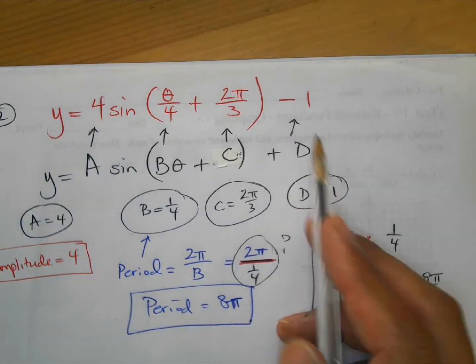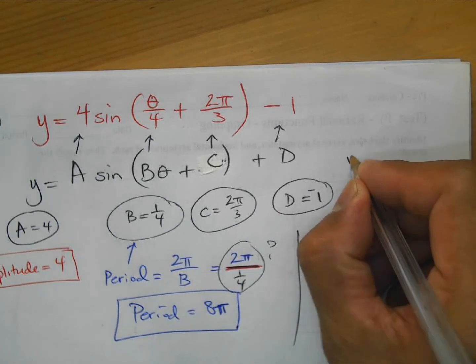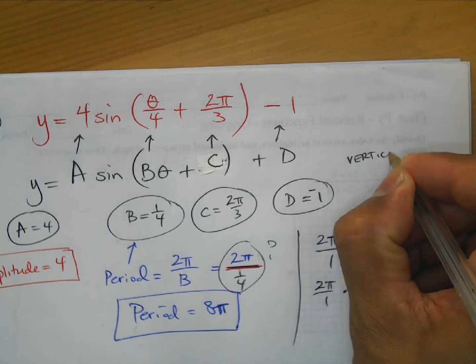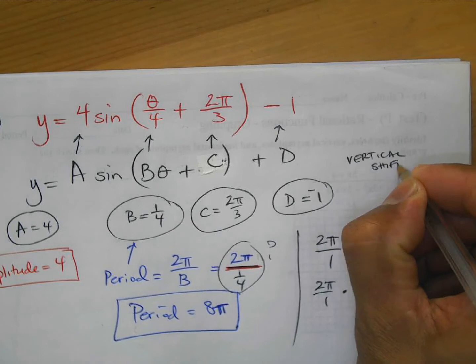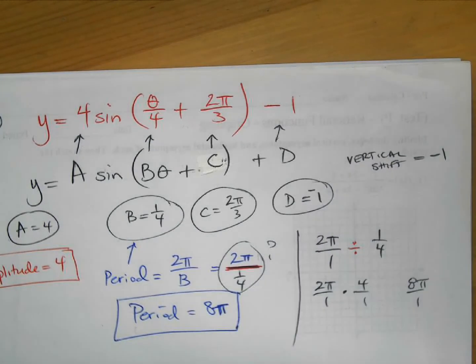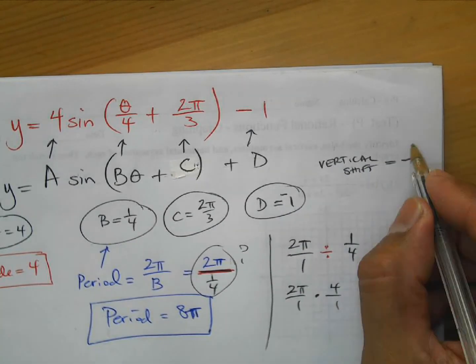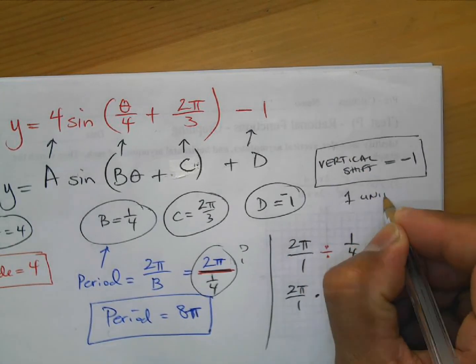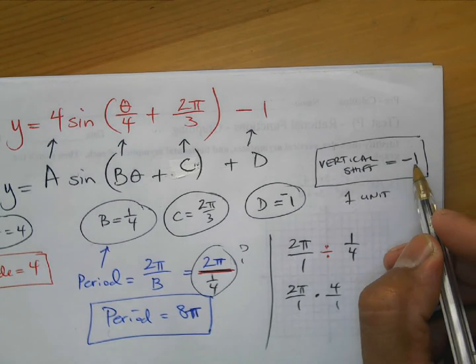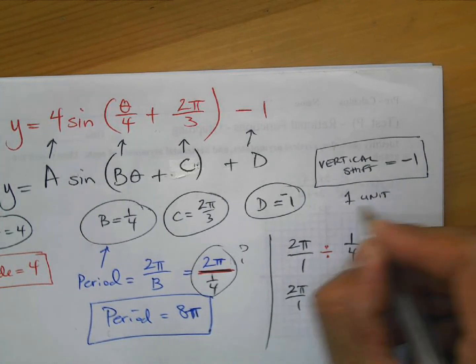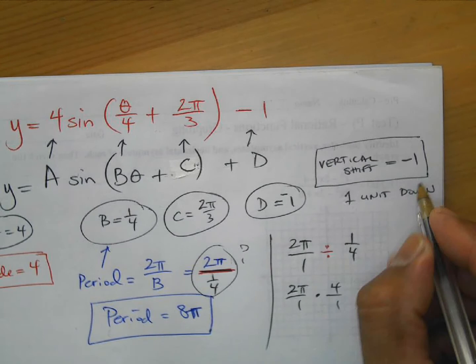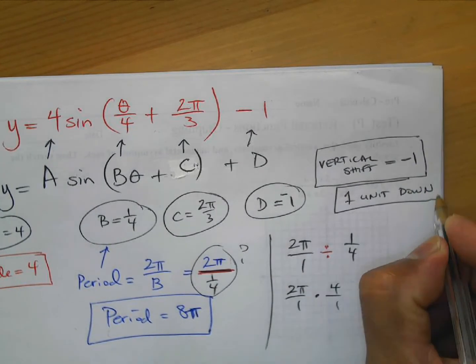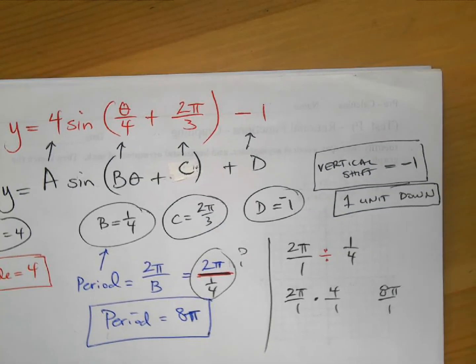If it's a negative value like this, -1, your vertical shift is 1 unit down. That's the vertical shift.